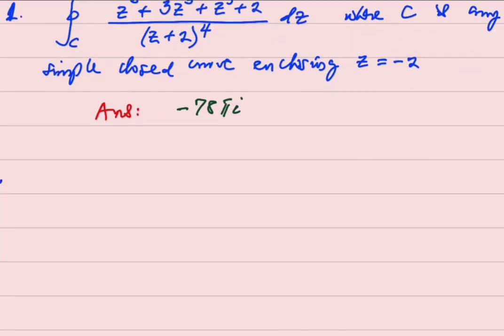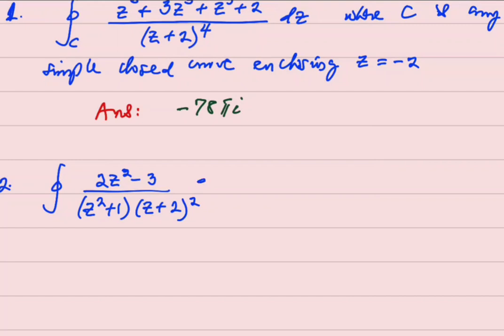The second one. We also have this integral of (2z squared minus 3) divided by (z squared plus 1) into (z plus 2) everything squared dz, where C is the circle, modulus of z is equal to 1.